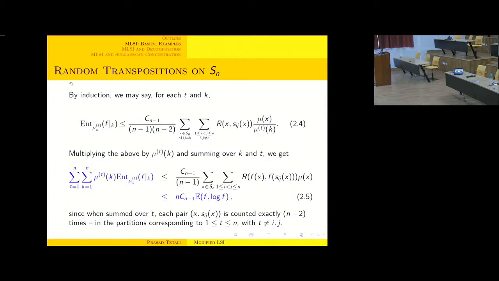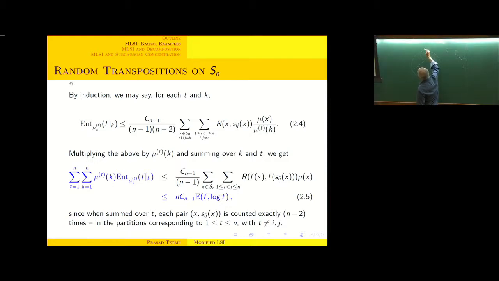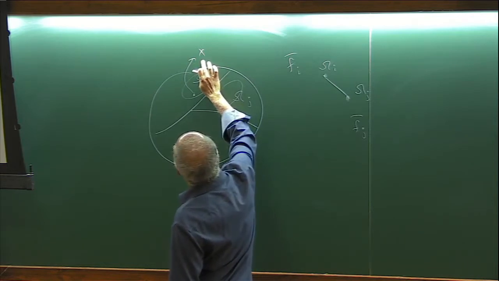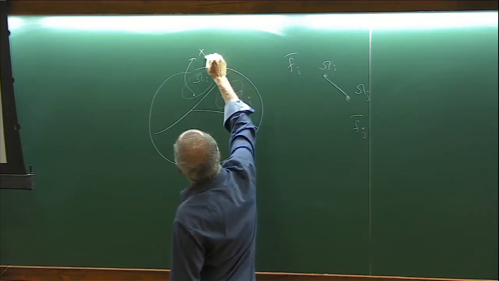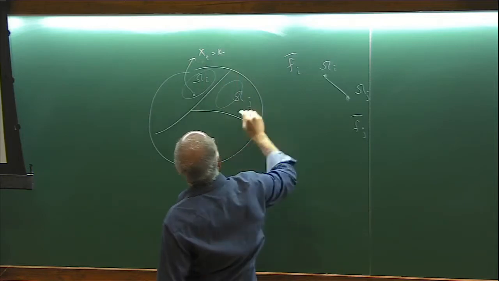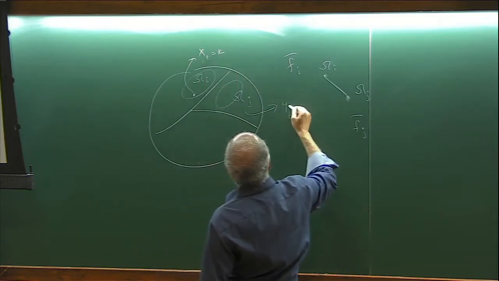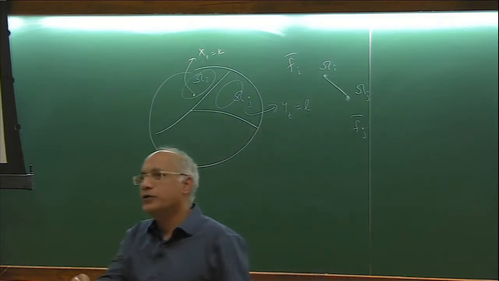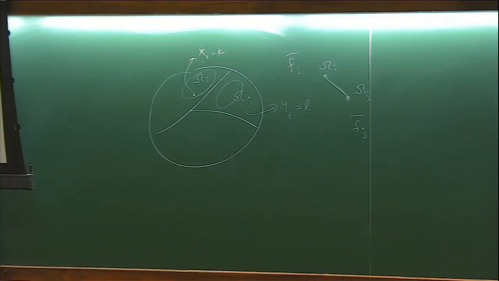If I have a permutation here, this is x. This x corresponded to having x_t be k, and here I have y, and in the tth position of y I have l. Because in position t, I fixed card k in one place and card l in the other. That's what gave me the partition.